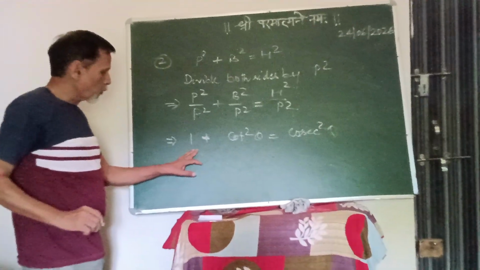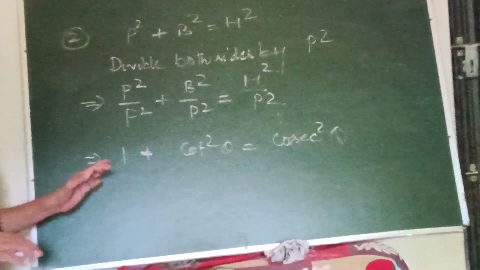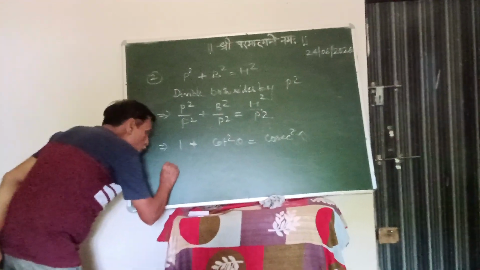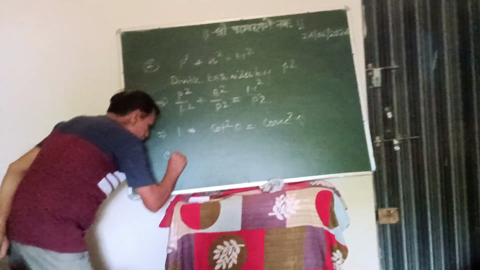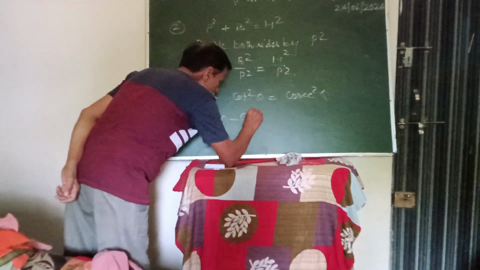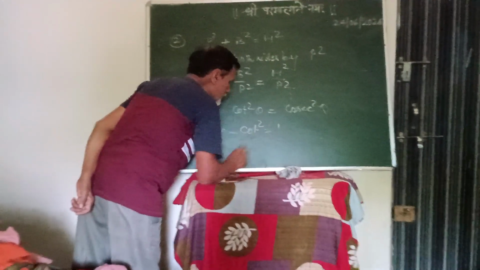This is one more. And how do we make the other two? See, cosec square theta minus cot square theta is equal to 1.